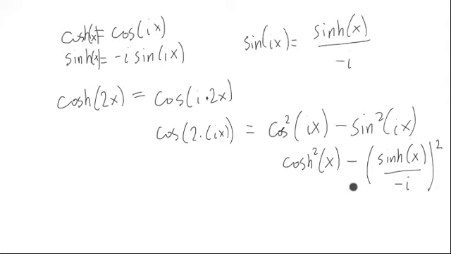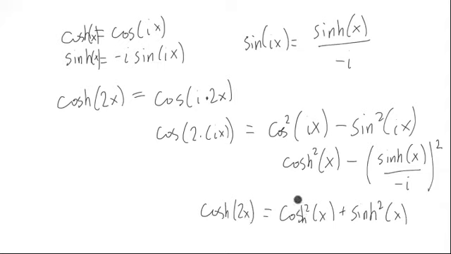Working with this negative will be plus. So we get cosh squared of x plus sinh squared of x is equal to cosh of 2x. So we can establish identities from identities of cosine and sine.